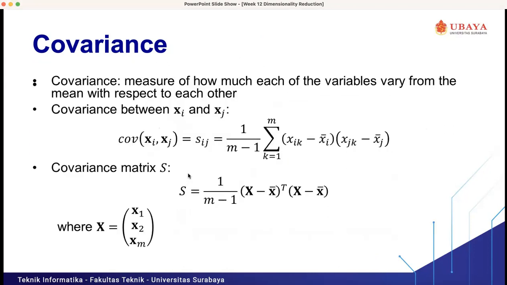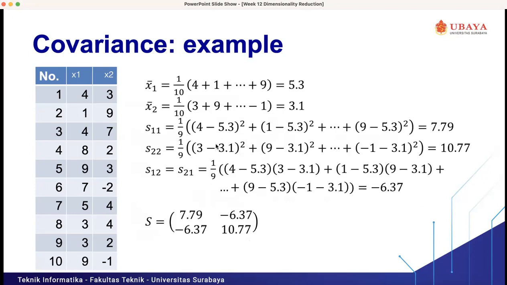We use this formula for calculating the covariance for different features xi and xj. In this example we calculate the covariance for x1 and x2, which is 1 divided by 9 times (4 minus 5.3) multiplied by (3 minus 3.1), and so on.